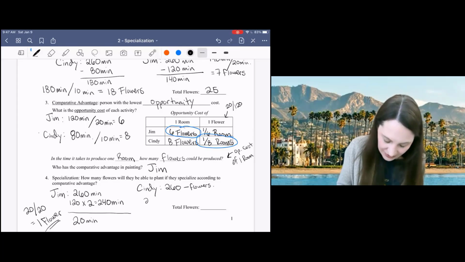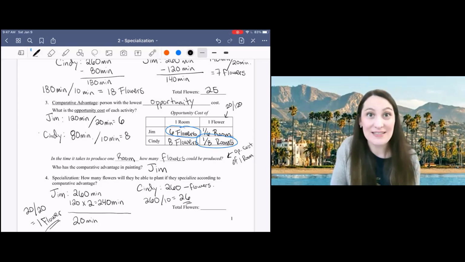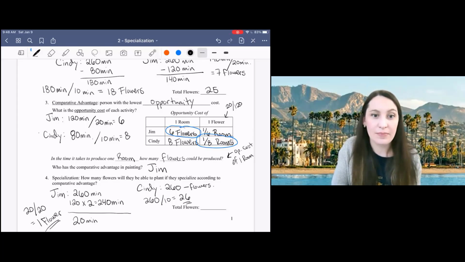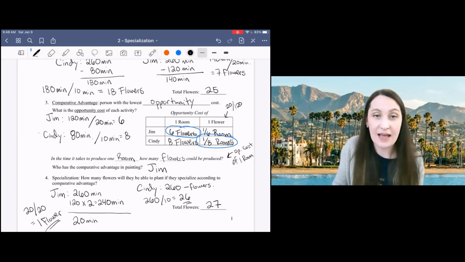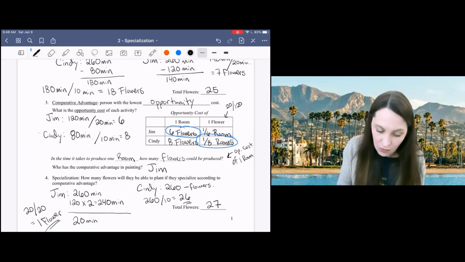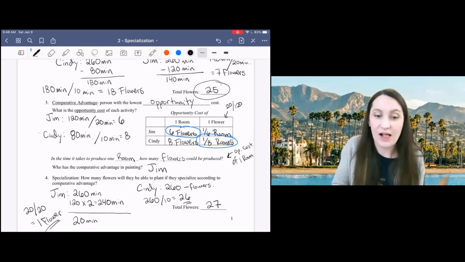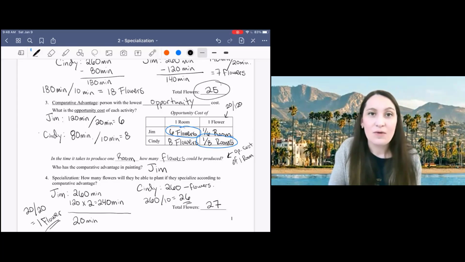And how many flowers can she plant in 260 minutes? 26. So at the end of the week, not only have they painted both rooms, but they've planted a total of 27 flowers, which is more than the 25 flowers they planted when there was no specialization.